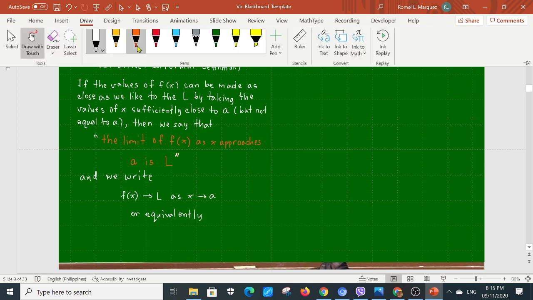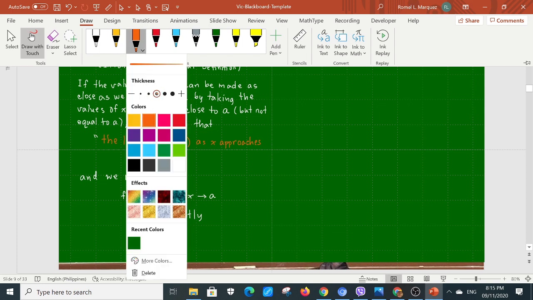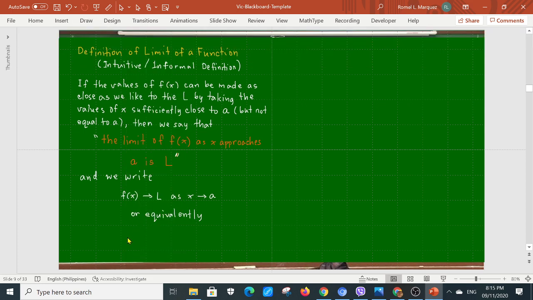how do we write that equivalently? The limit as x approaches a, meaning it is understood both from the left and the right, of f of x is equal to L. a and L are supposed to be real numbers.